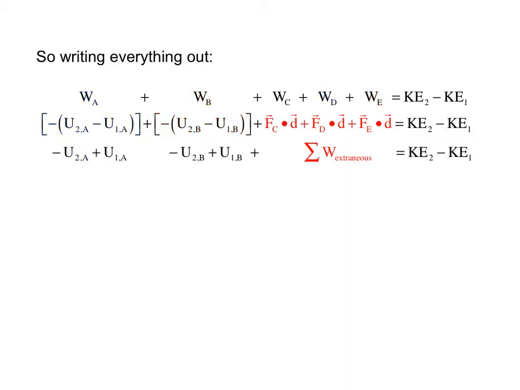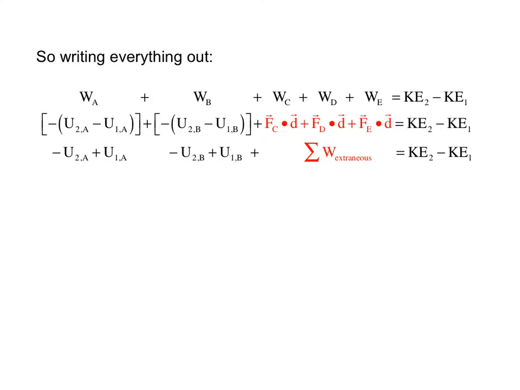So now we're going to do a couple of things that are going to make things a little easier. First is we're going to distribute this negative sign. So the u sub 2a is going to become minus u sub 2a. And the negative negative is going to go positive, and we're going to end up with this. Similar thing here.